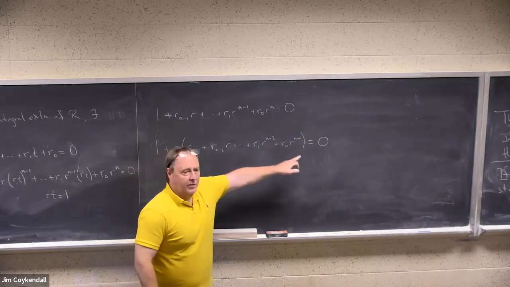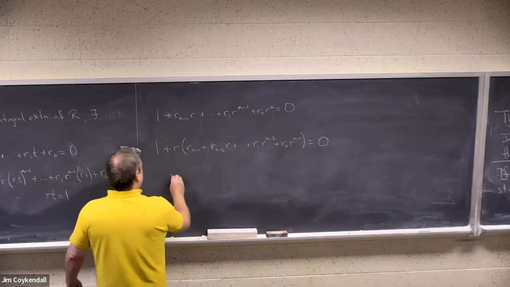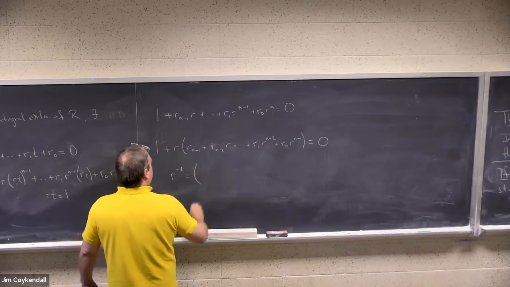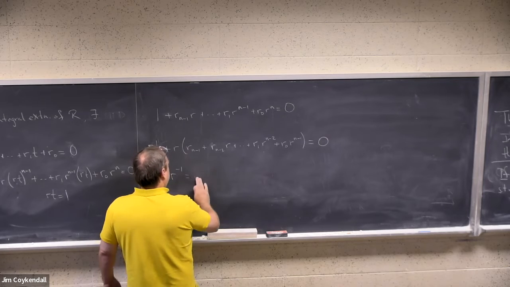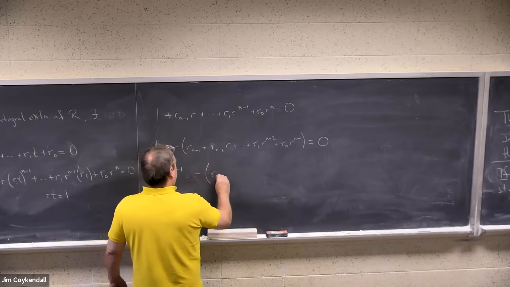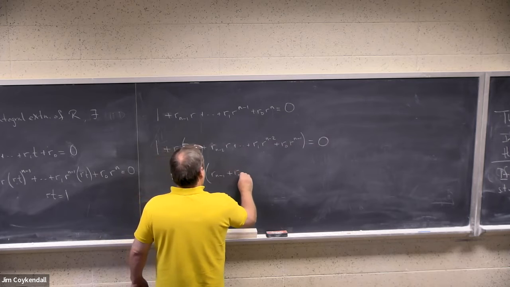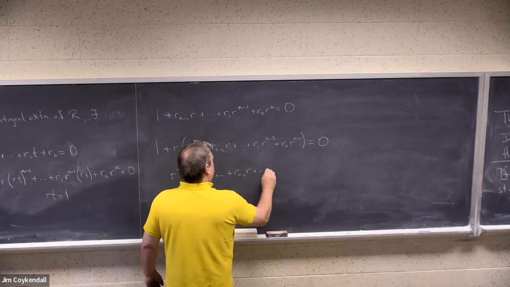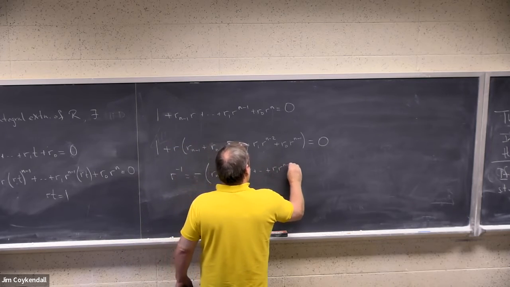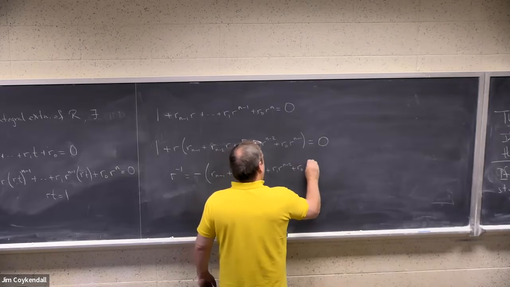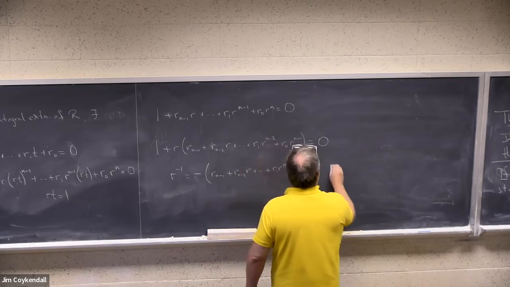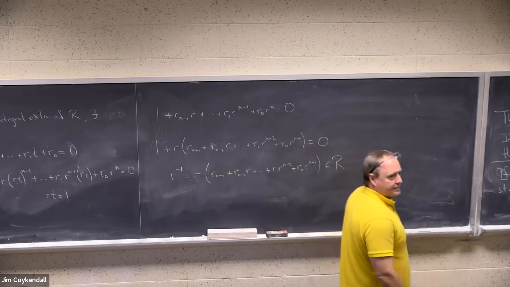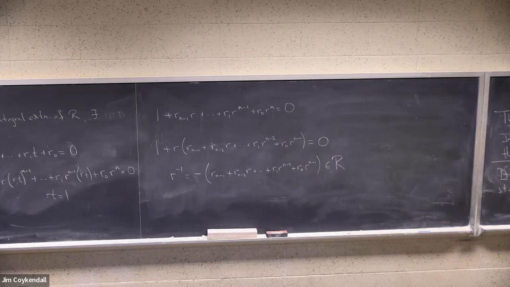Now take this over to the other side, and so r inverse is basically equal to negative this thing, which is an element of R. So unit above implies unit below, and that establishes it.